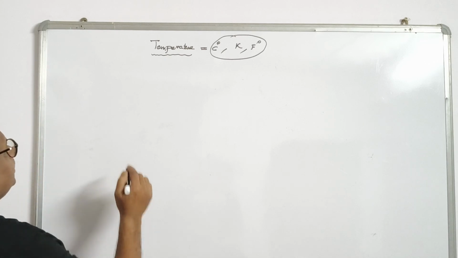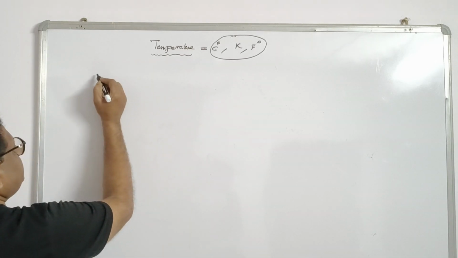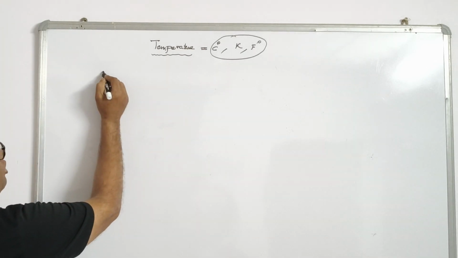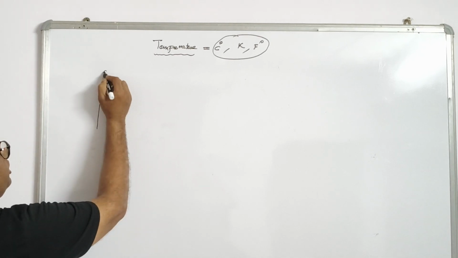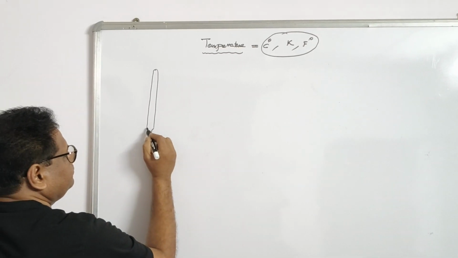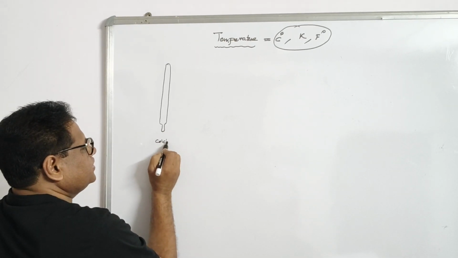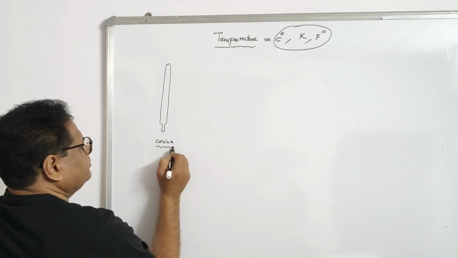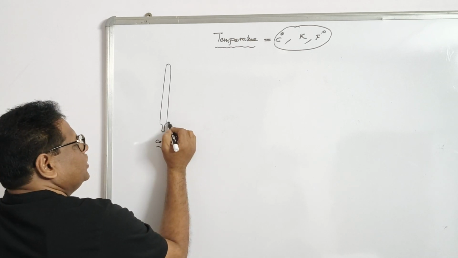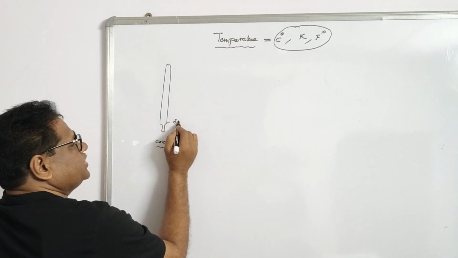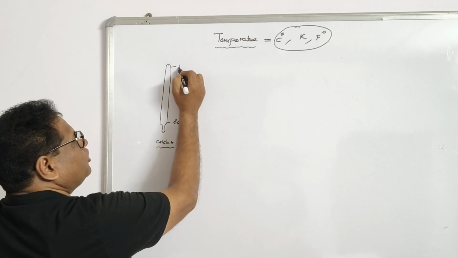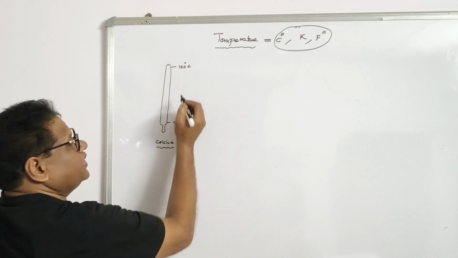Now the first temperature scale, that is thermometer, is the Celsius thermometer. This is the Celsius thermometer, which has lower fixed point 0 degrees Celsius, upper fixed point 100 degrees Celsius, right?